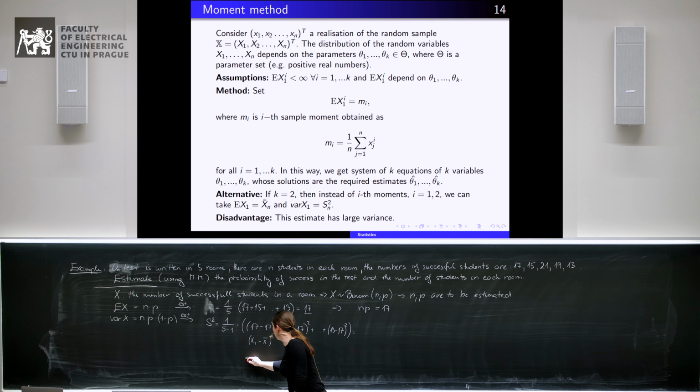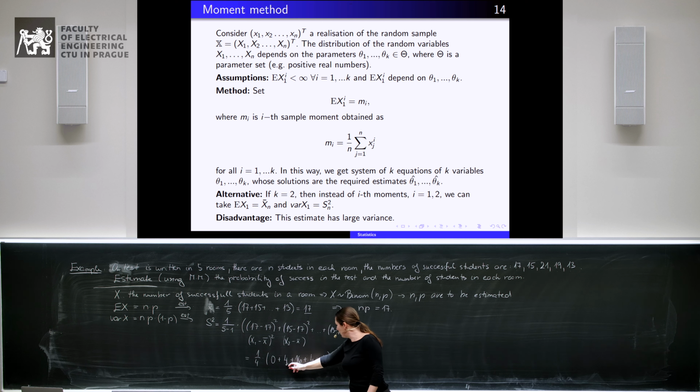And it is equal to 1/4 times (17 minus 17) squared, I'm sorry, I forgot the square before, which is 0, plus 15 minus 17 is minus 2, powered by 2 is 4, plus 21 minus 17 is 4, squared is 16, plus 19 minus 17 is 2, squared is equal to 4, plus 13 minus 17 is equal to minus 4, squared 16.